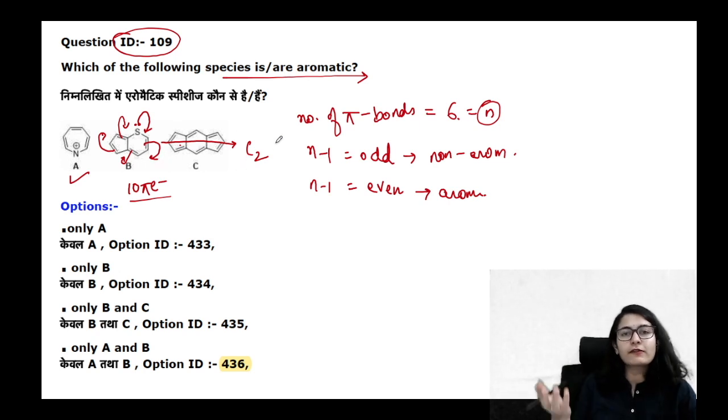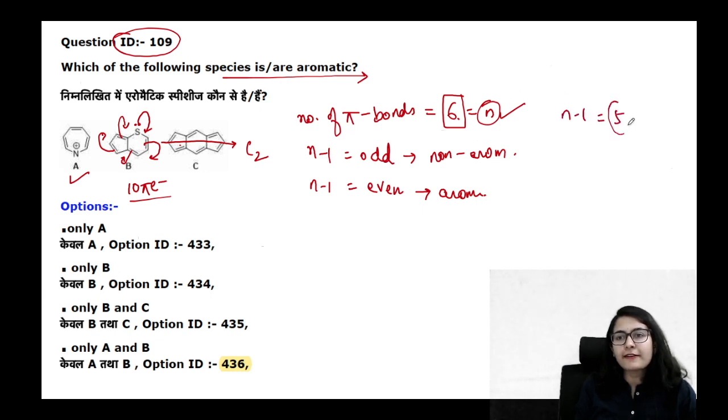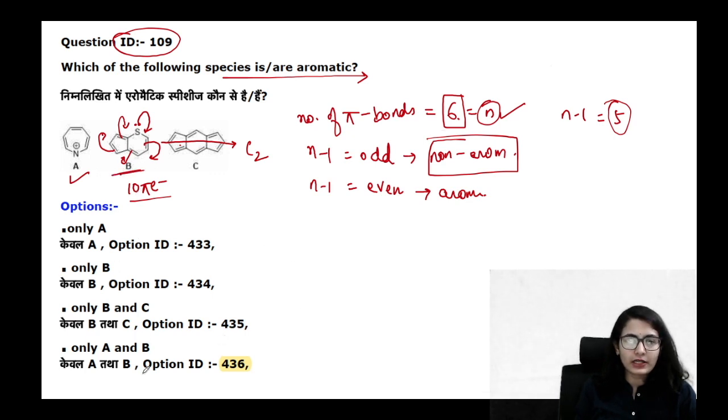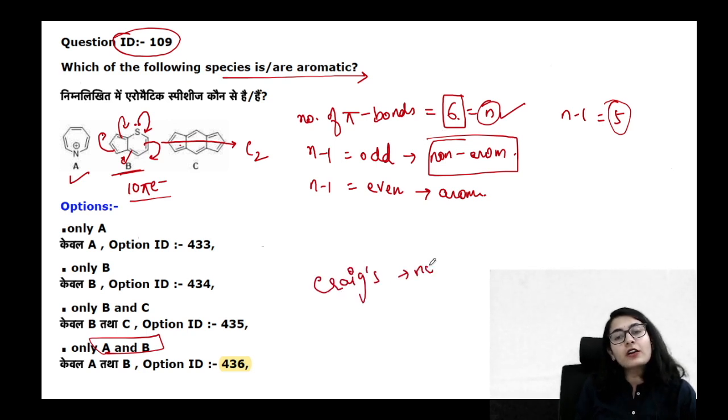Here there is a C2 axis, then we proceed. 1, 2, 3, 4, 5, 6. Number of pi bonds is 6, that is n. n minus 1 is equal to 5. If it is odd, then the system is non-aromatic. So our answer is only A and B are aromatic. This follows from Craig's rule of aromaticity for the non-benzenoid system.